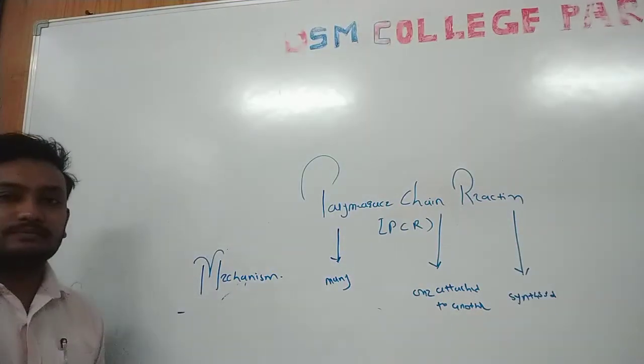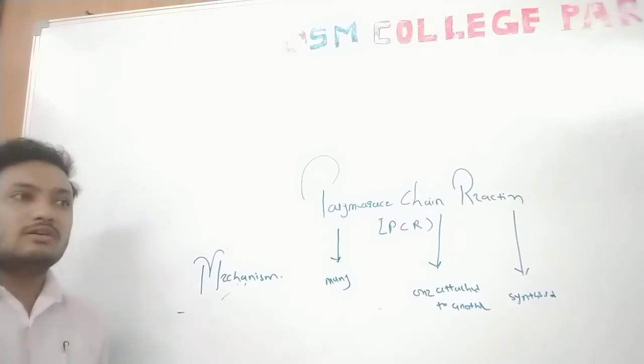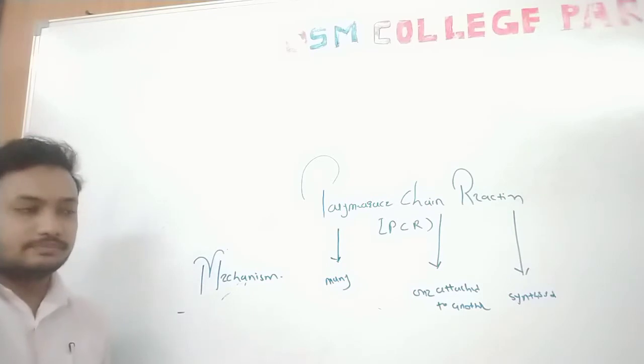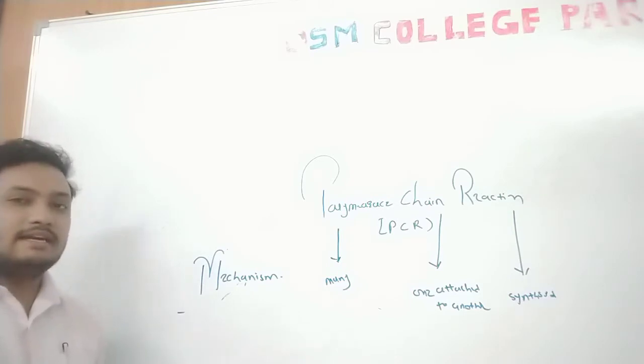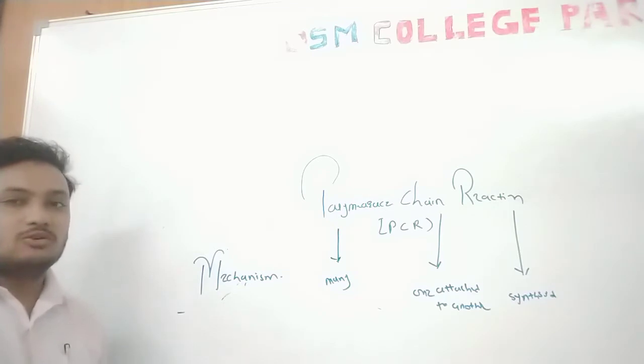These polymerases are important for synthesizing nucleotides. We know that there are four types of nucleotides present in DNA: adenine, thymine, cytosine and guanine. They add these nucleotides to the growing chain of the complementary strand.